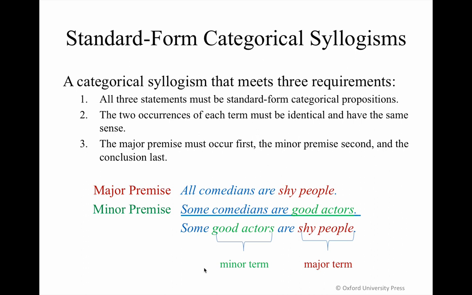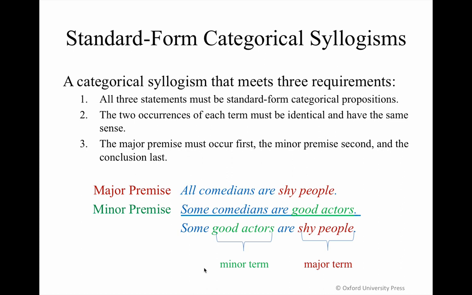So let's take a look at what the requirements are for a categorical syllogism. First, the three statements involved must be in standard form for the categorical proposition. In other words, all three of the statements need to have the quantifier that is in the relevant form, that is a universal all or a universal no, or the quantifier some.